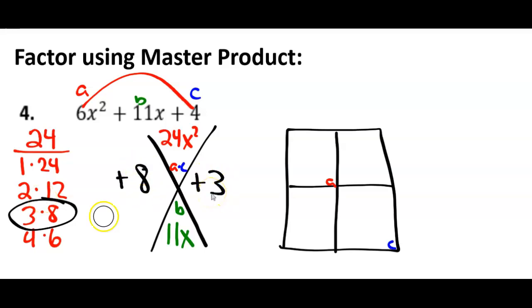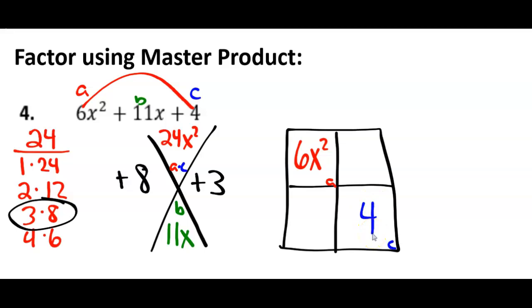And now we need to take our diamond. Our diamond is our setup for our box. So our box comes from this. This square is my A, so back to the original polynomial, that's my A. And then this box is my C, which is 4.